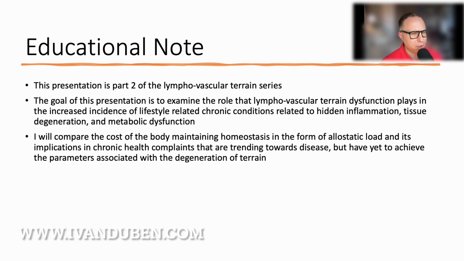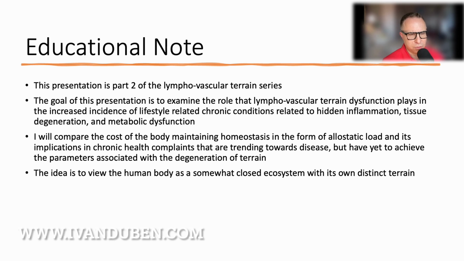I will compare the cost of the body maintaining homeostasis in the form of allostatic load and its implications in chronic health complaints that are trending towards disease, but have yet to achieve the parameters associated with the degeneration of terrain.